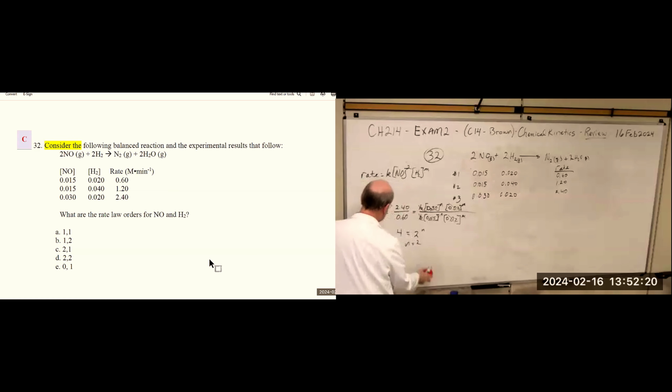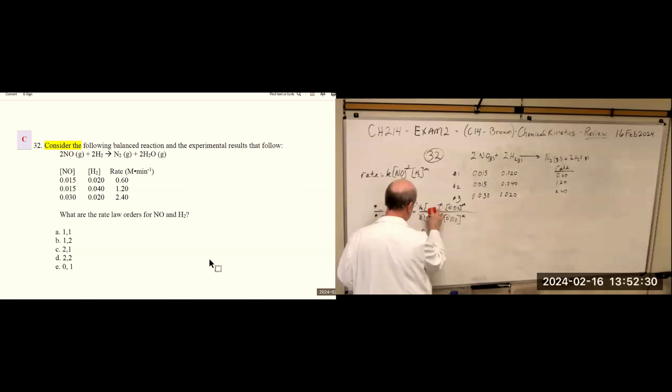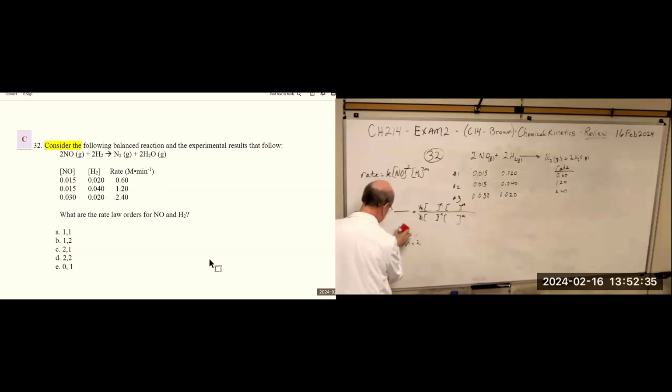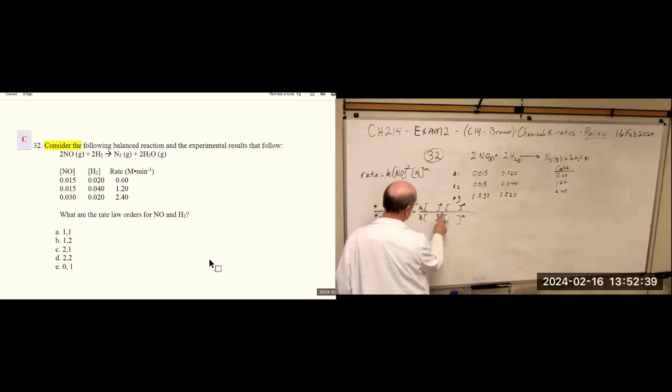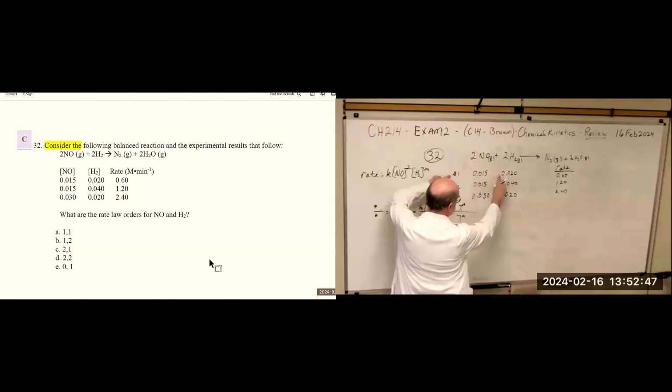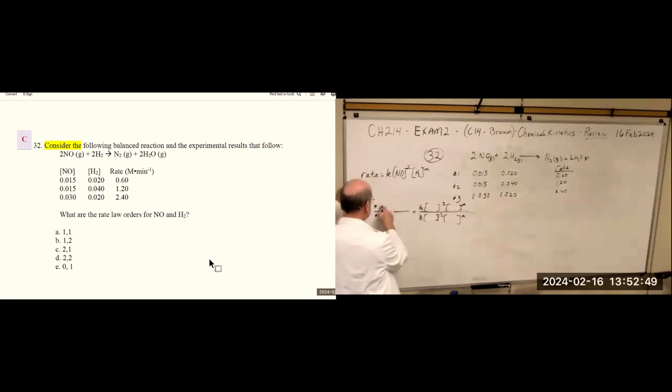And the next one, these values are going to change. Now we know that one's a 2, but we want to hold it constant. So these two would work best. This is going to be the first one and the second one, 1.20 and 0.60.